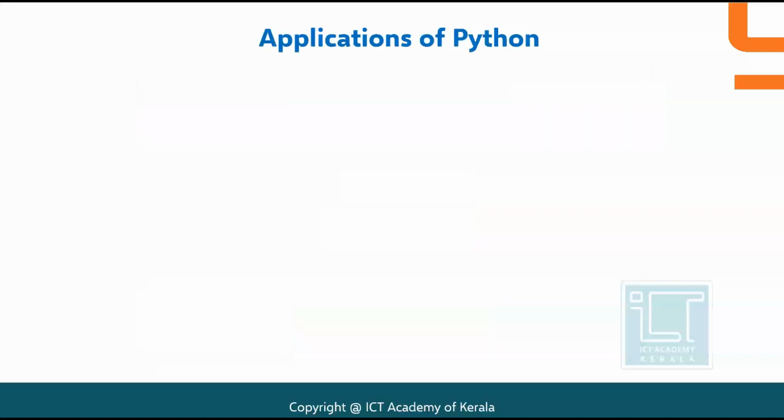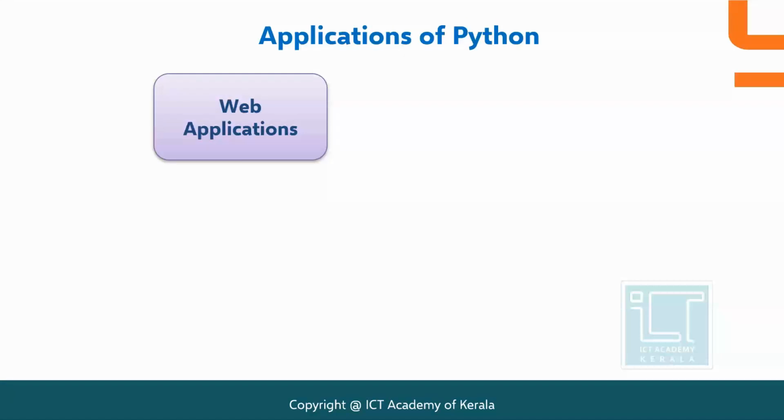Next, let's go into the applications of Python. Because of its wide popularity, Python is used in almost every area of development. The first one is web applications. Python can be used to create a variety of web frameworks including CherryPy, Django, Bottle, Flask, etc. These frameworks provide standard libraries and modules which simplify tasks related to content management.